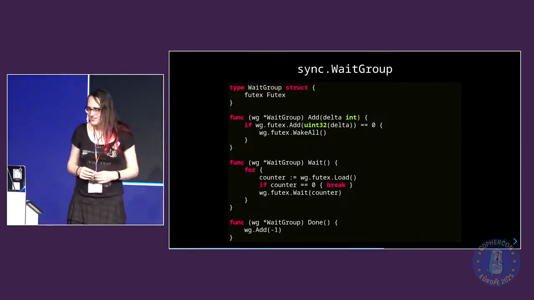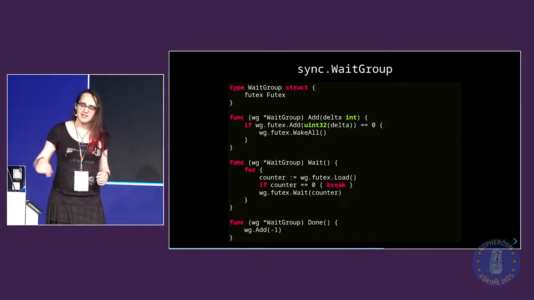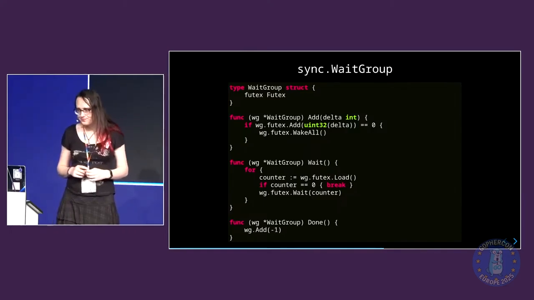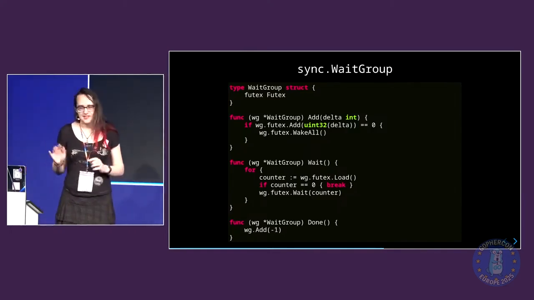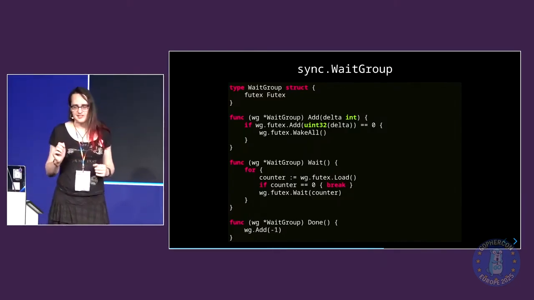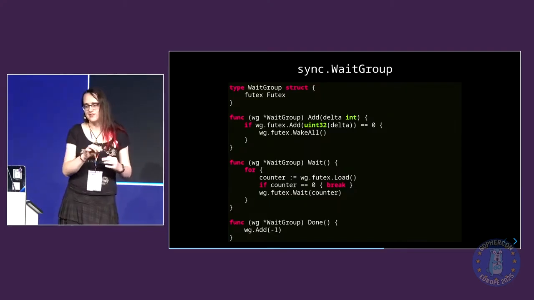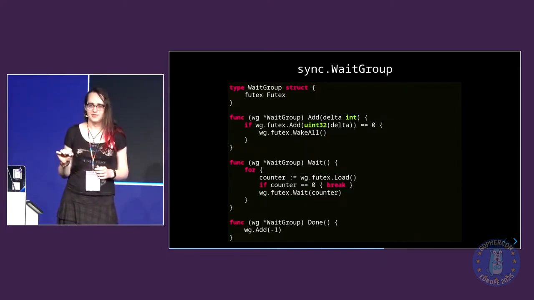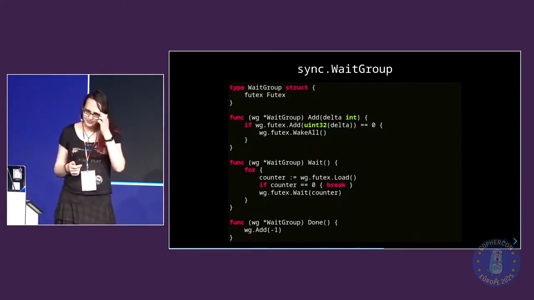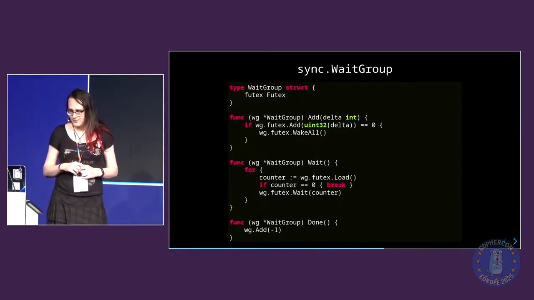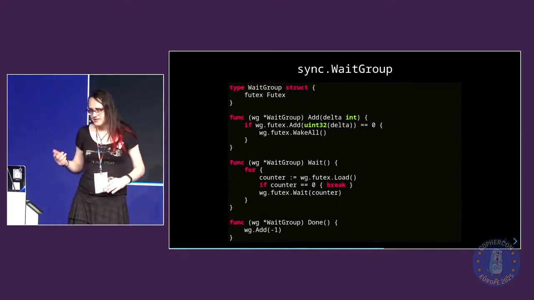It's what the documentation says, so you have to work with it. So basically, once you wake up, you need to check whether it's actually woken up. And this is not important for wait group, but there is a possibility that between loading the counter and doing the wait, the counter actually changed. And if so, we need to check again. This is important in mutexes, for example. So yeah, that's why it needs a loop.